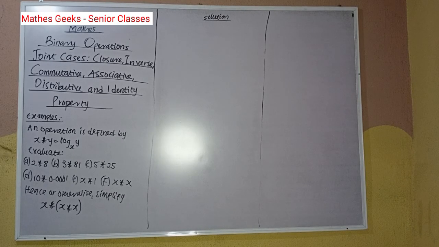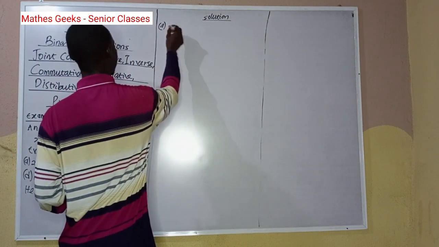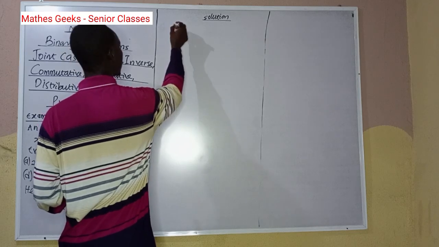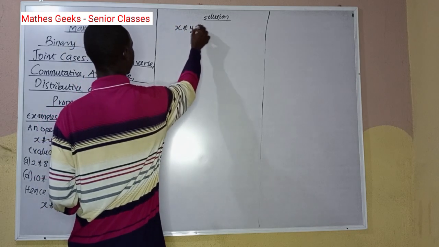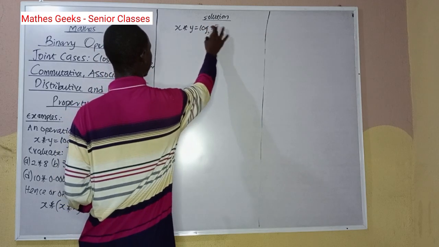An operation is defined by x star y is equal to log y to base x. So let's evaluate the following. Before we start off, let's write our definition: x star y is equal to log y to base x.